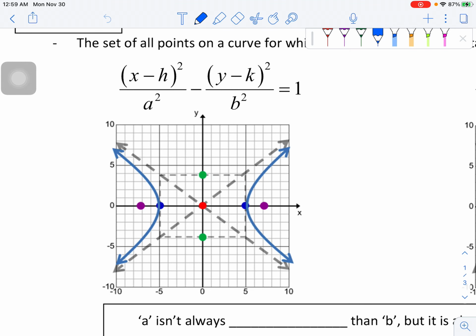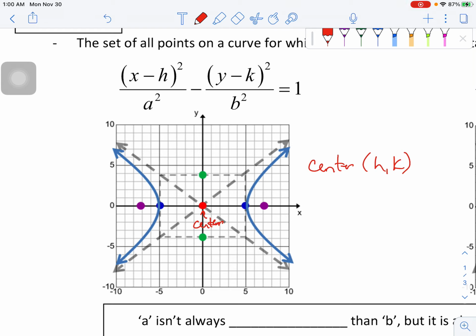Okay, and I'm just going to focus on this one. It mirrors with the other one. So you have the center, which is your (h, k), which should be very familiar. So this is your center right here.